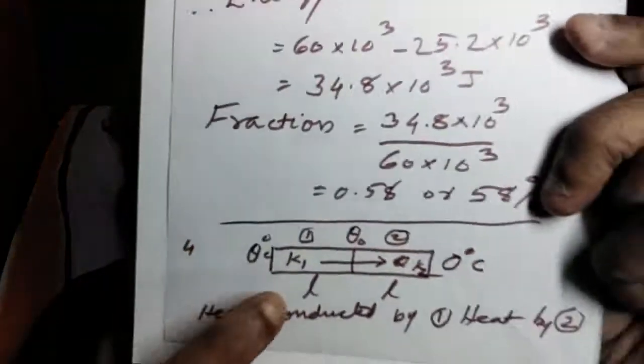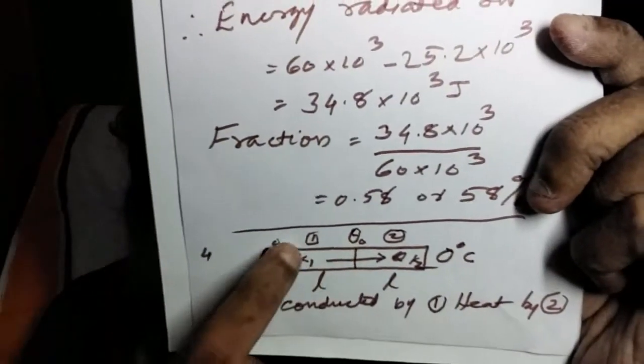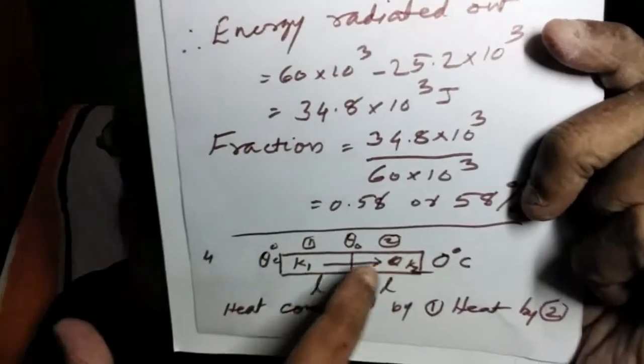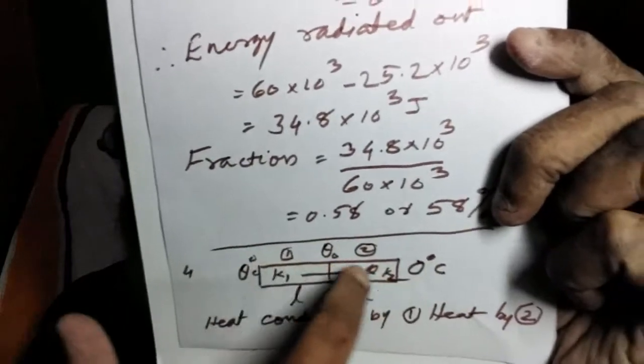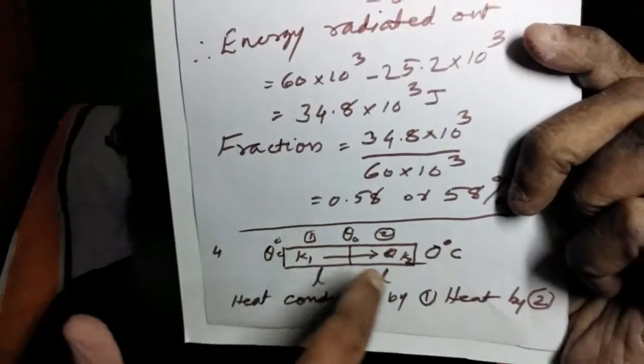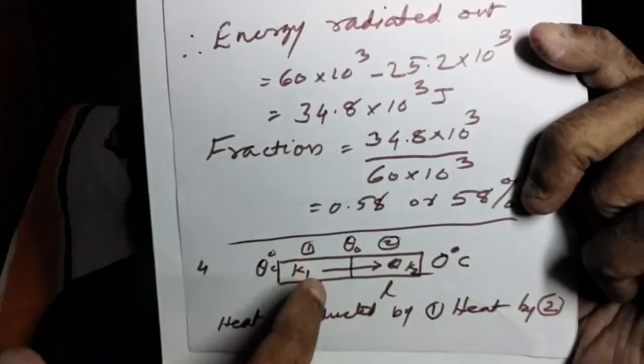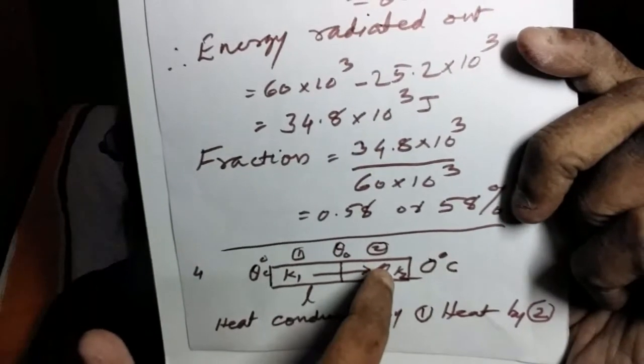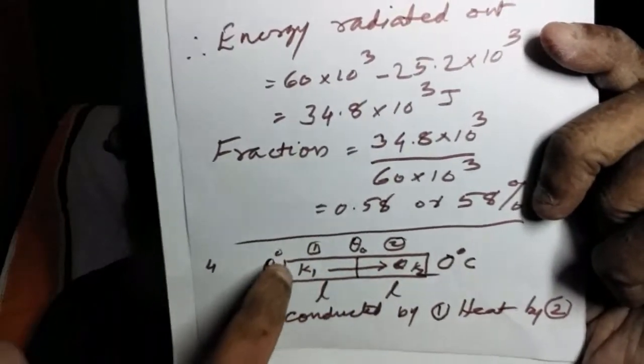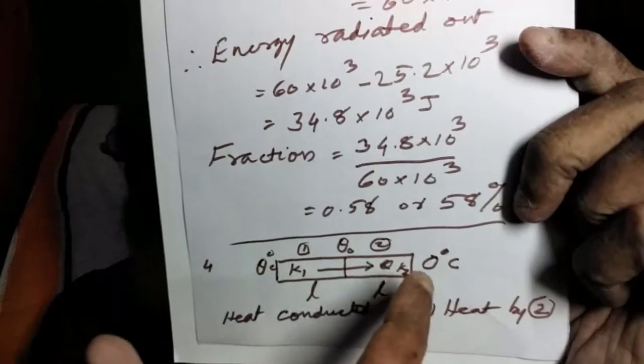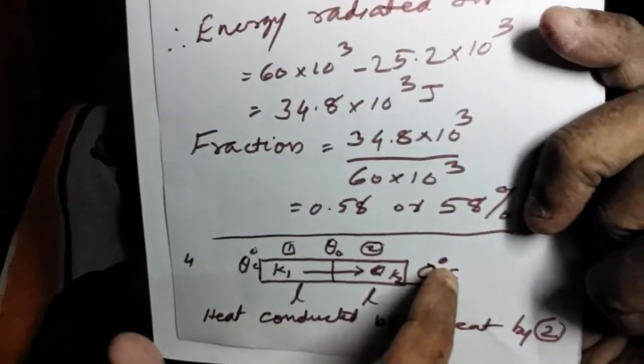That is the question. See this. This is one rod, this is the second rod. These are joined together. Same length. The conductivity of this is K1 and this is K2. This end is at theta degrees Celsius, this end is at 0 degrees Celsius.